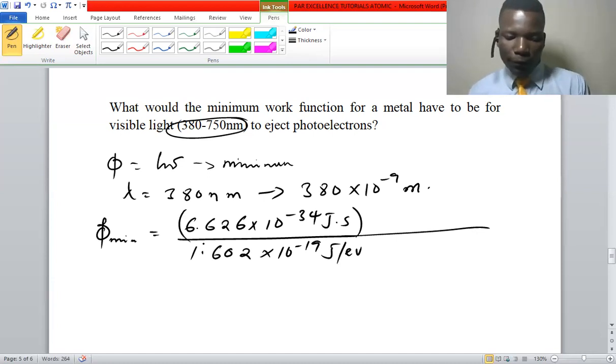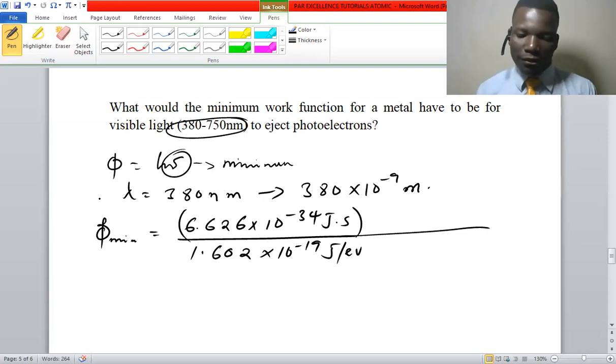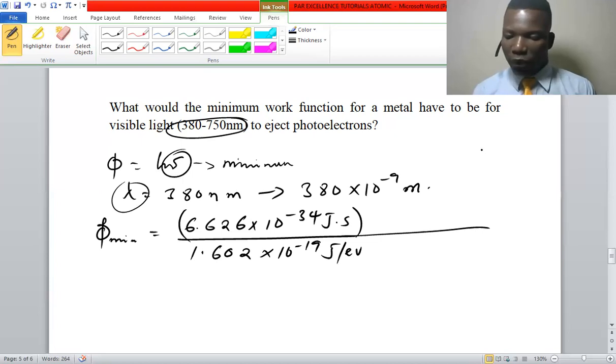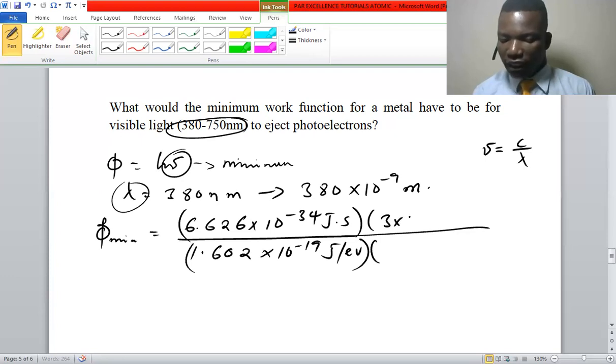we have the frequency here, but we have the wavelength. But we don't need to worry because we know that frequency is given by speed over wavelength. So the wavelength is going to be down here, and we're going to have also the speed of light here.